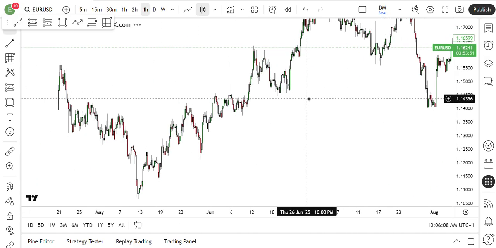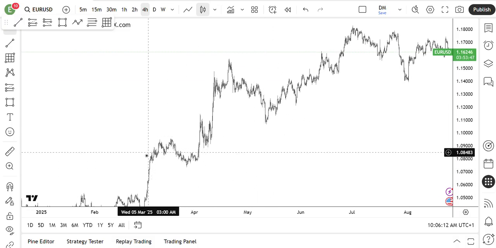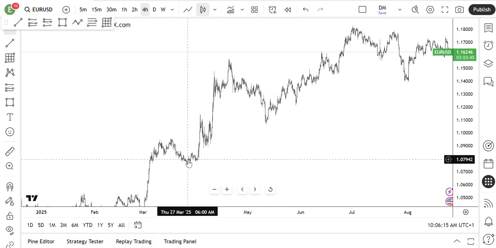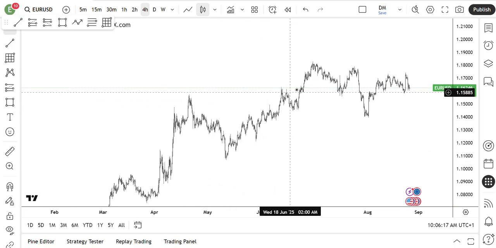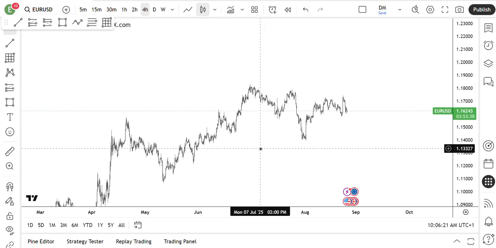If we look at the price action from here, we can see that EUR/USD has been bullish, all of this, bullish from here. You see the highs have been taken.